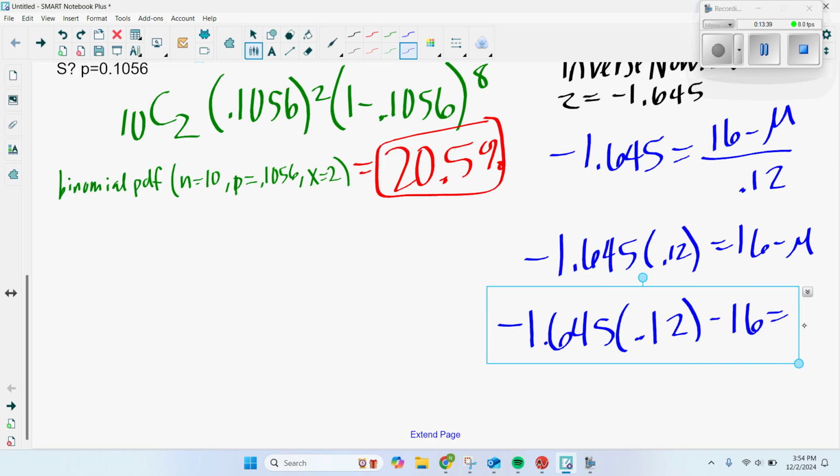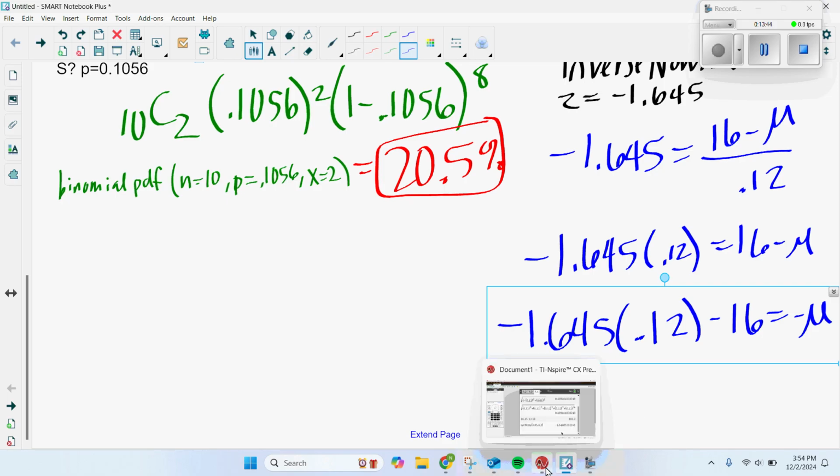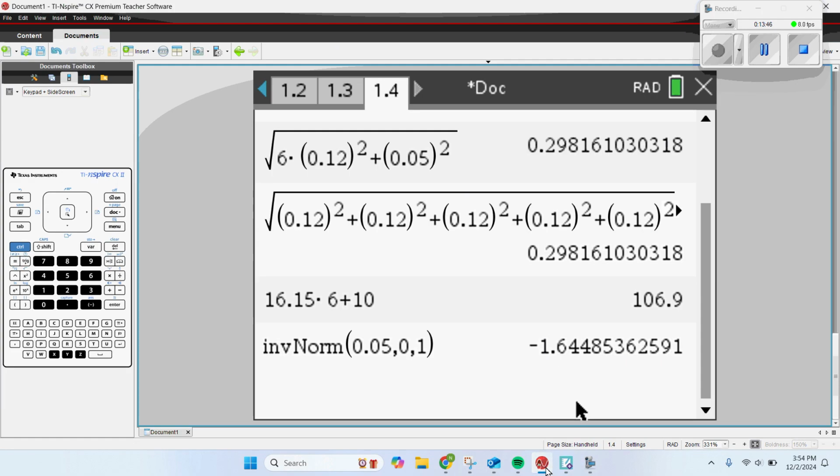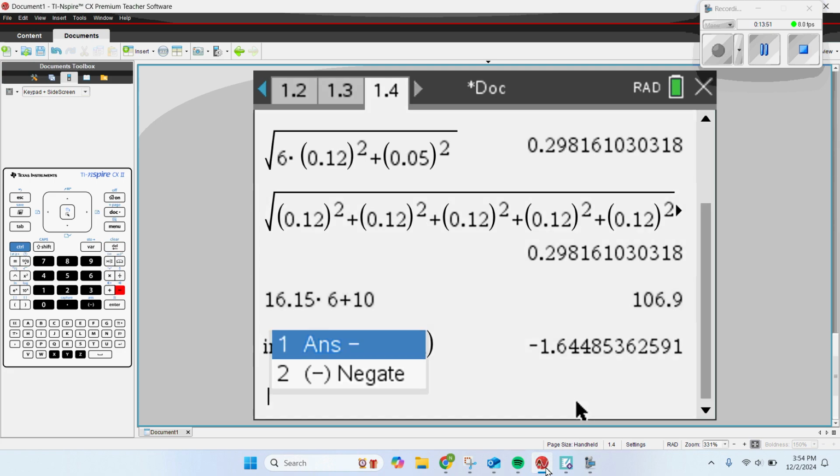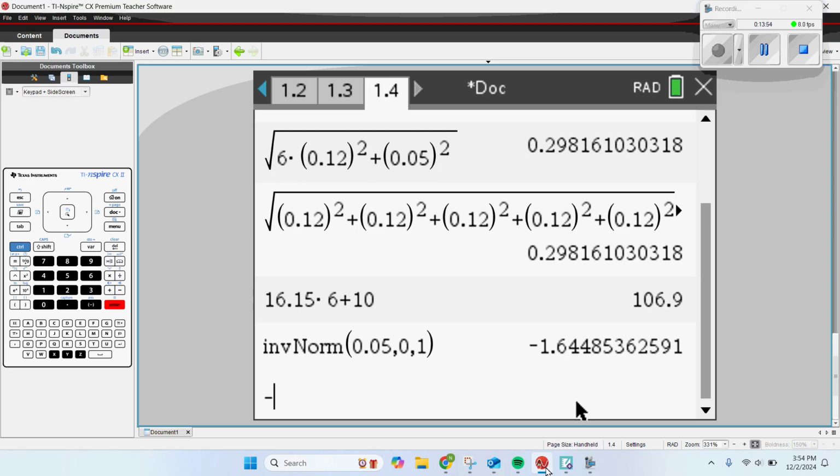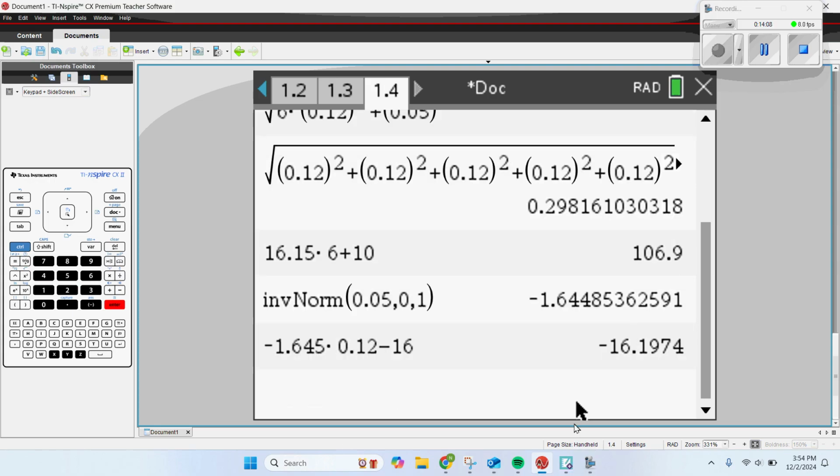Okay, now notice that this is actually going to give me negative mu. So I'm going to need to change the sign when I get an answer. So I have negative 1.645 times 0.12 minus 16. So 16, and then again, I'm going to have to change the sign on that.